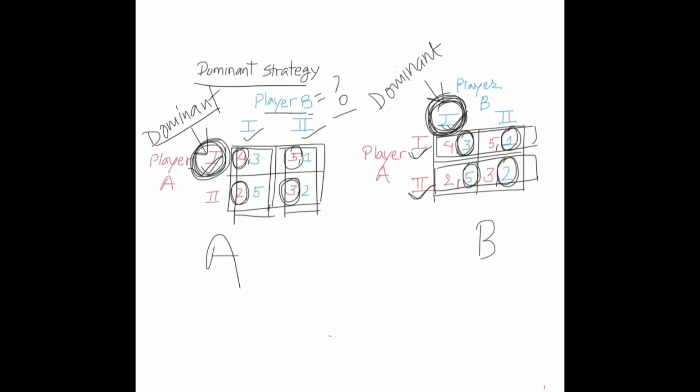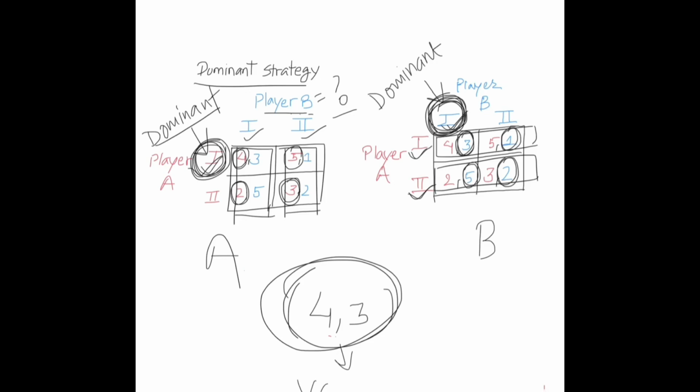So what will be the common payoff when both players have the same strategy as a dominant strategy? If player A adopts the first strategy and player B also adopts the first strategy, the dominant strategy, the common payoff is 4,3. This 4,3 is called the value of the game.